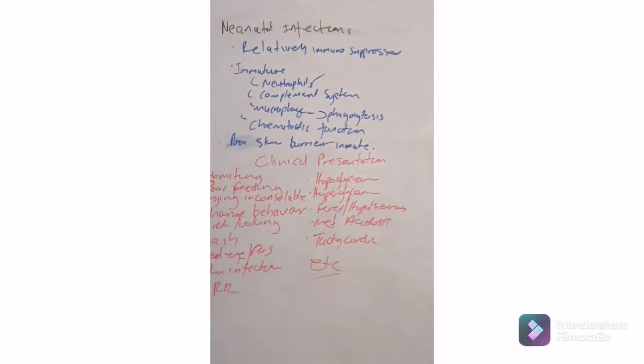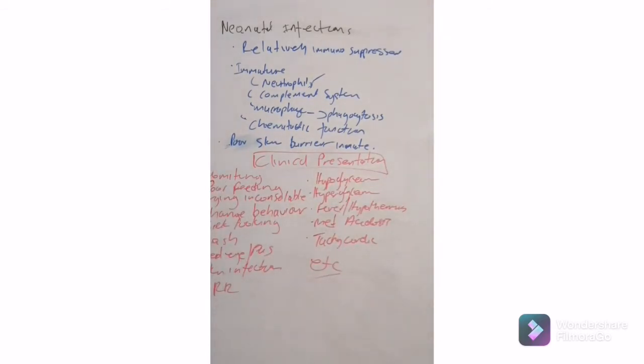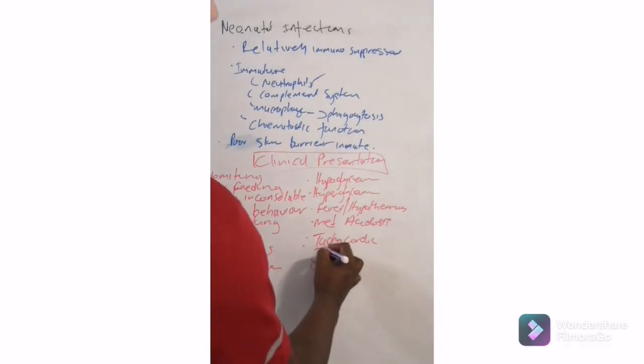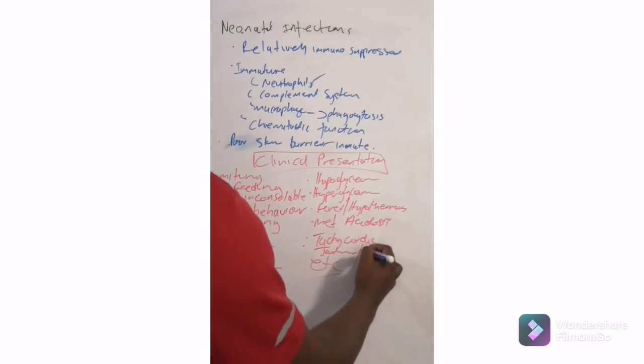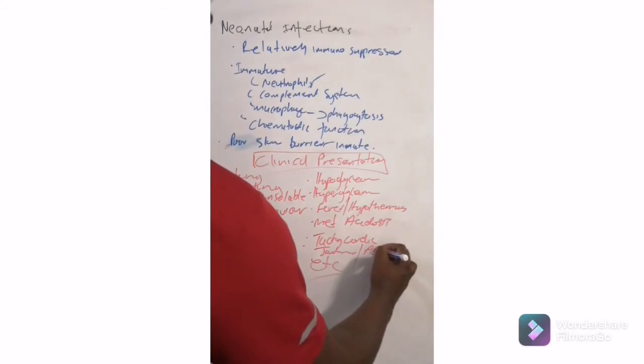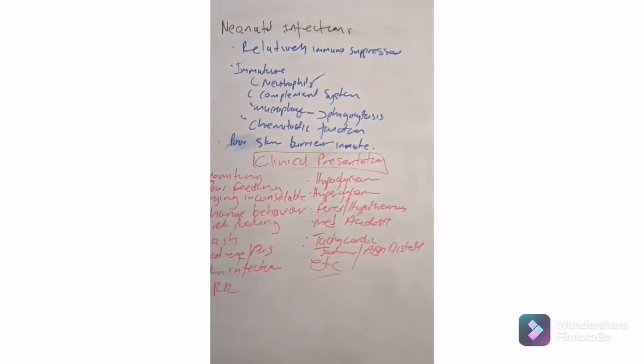Etc. So let's just clear space so that we can continue. They might have jaundice. They might have abdominal distension or even abdominal pain. Yeah.